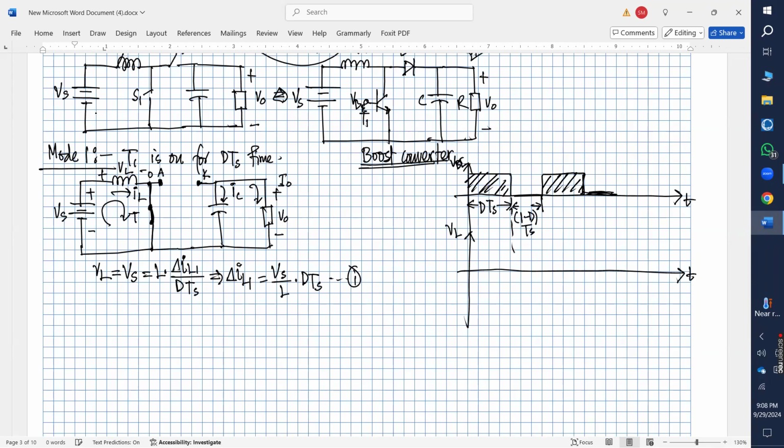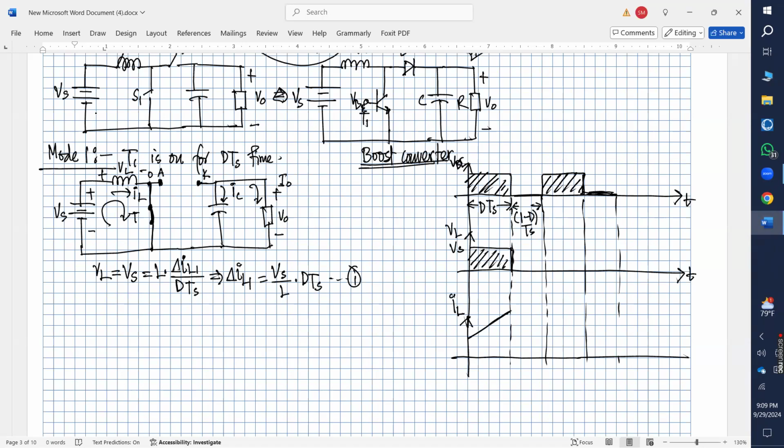For this period of time, your VL should be equal to Vs. And if you draw the current IL, it will have a ramp current like this when the switch is on.